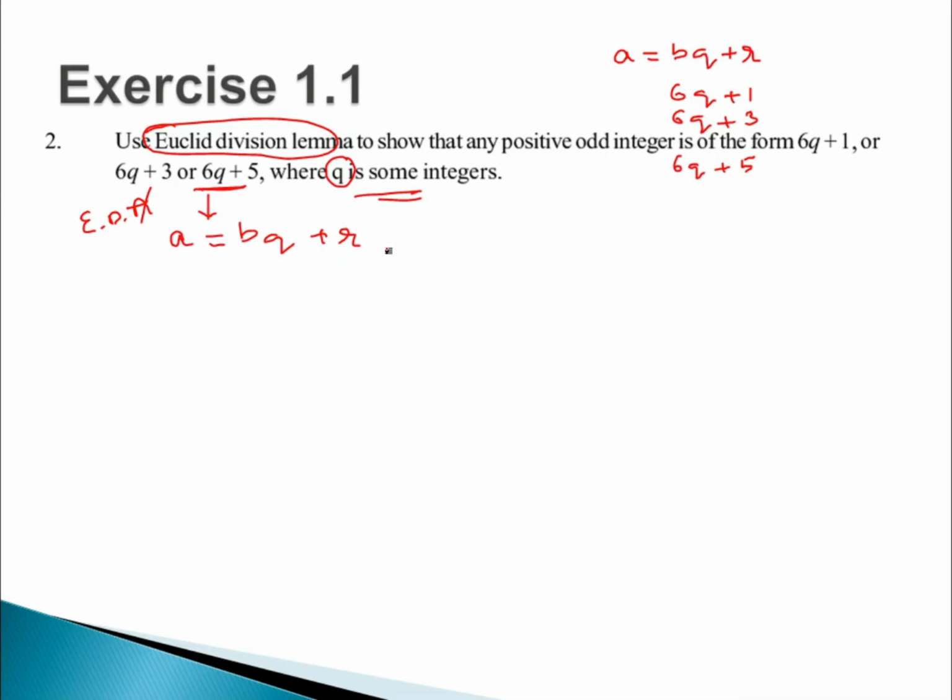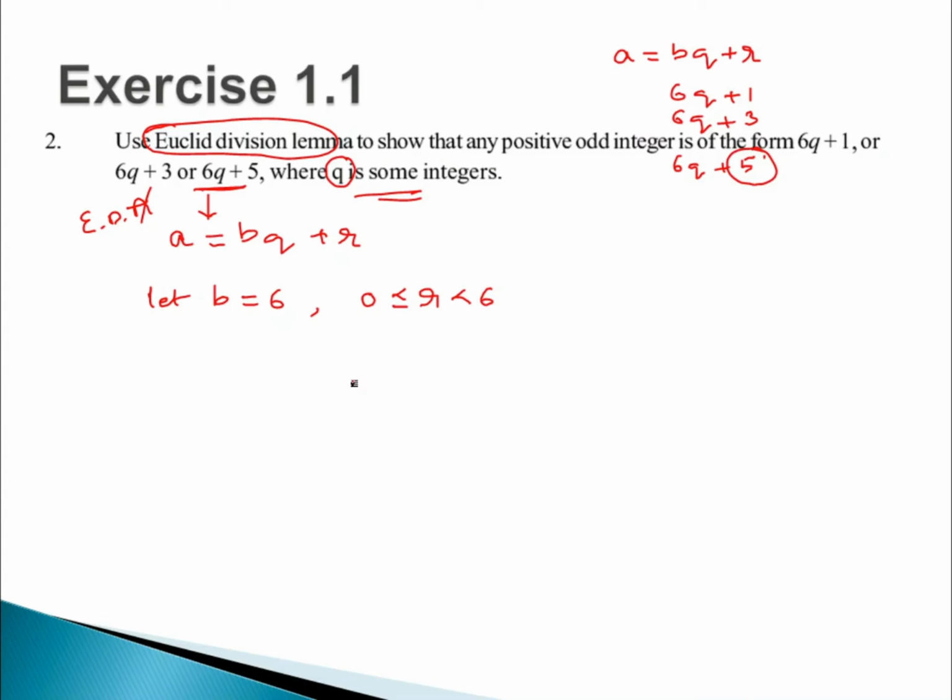So let us now apply the division algorithm with A and B, where B equals 6 and the value of R is from 0 less than or equal to R less than 6. Because here you have the number 5, so the next number should be 6.